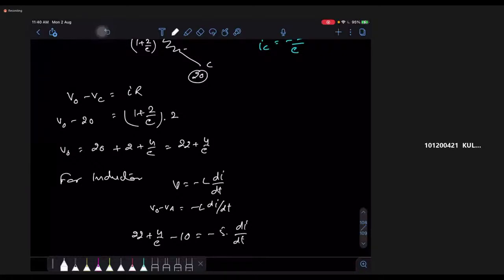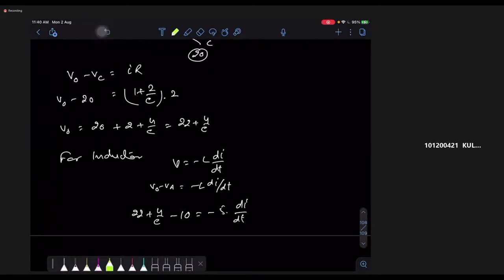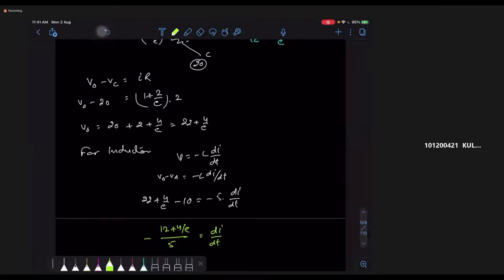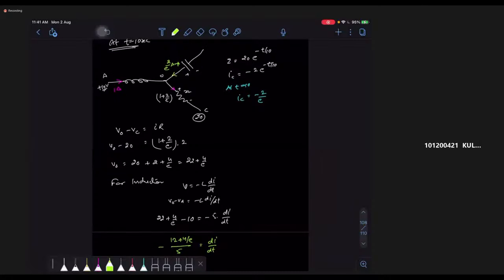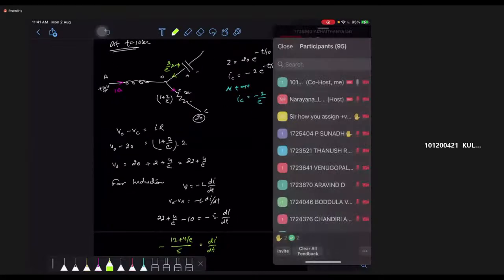So I'm getting di by dt. Slightly the mathematics has changed, but the concept is the same. So it is 12 plus 4 by E divided by 5 with a negative sign. So di by dt, that's my current at time equal to 10 seconds.